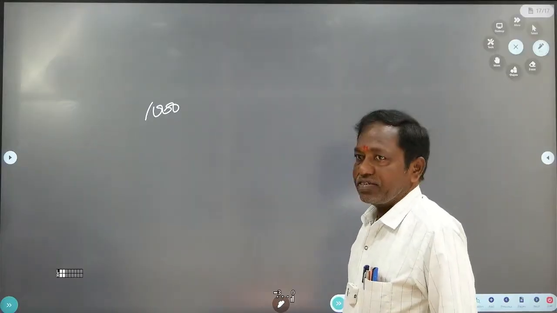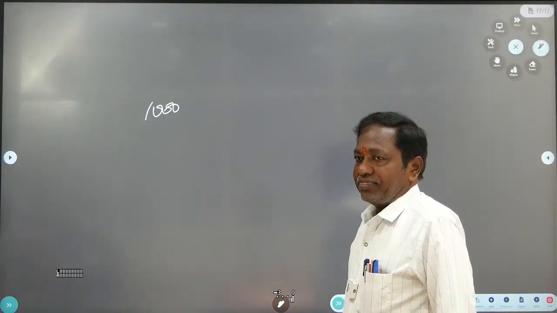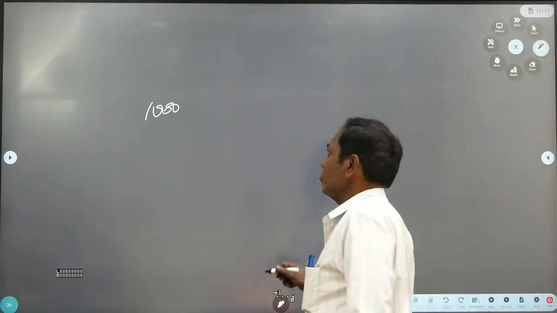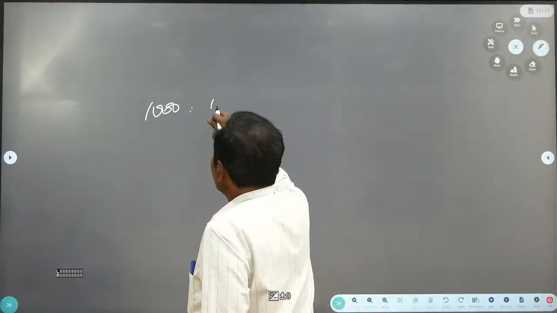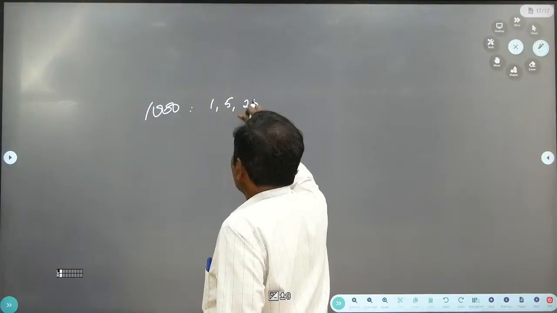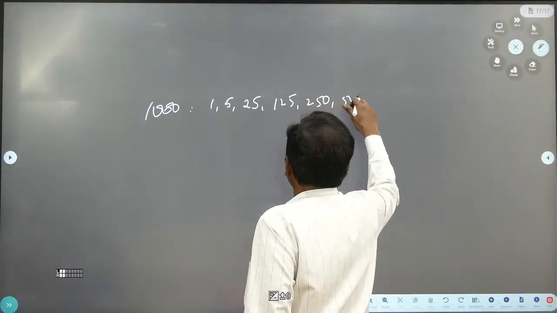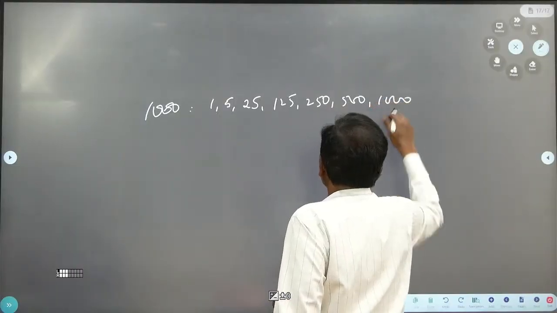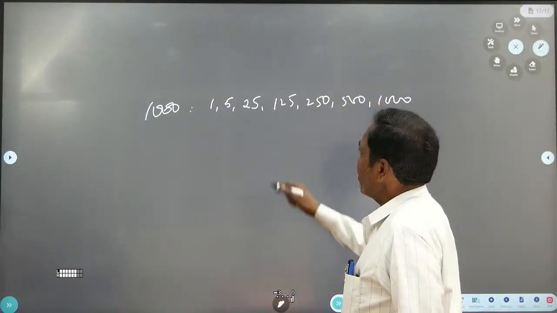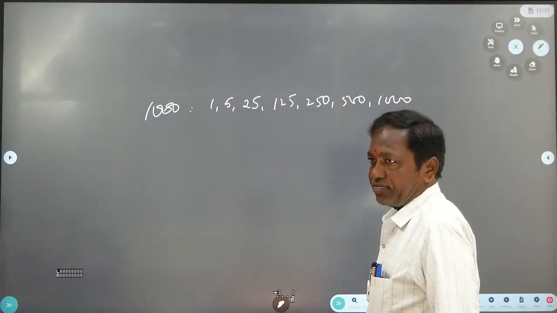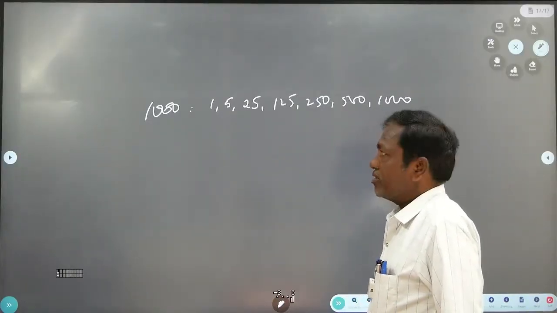What are the factors? 1, 5, 25, 125, 250, 500, 1000. These are the factors. So how many are there? 1, 2, 3, 4, 5, 6, 7 factors are there. Right?